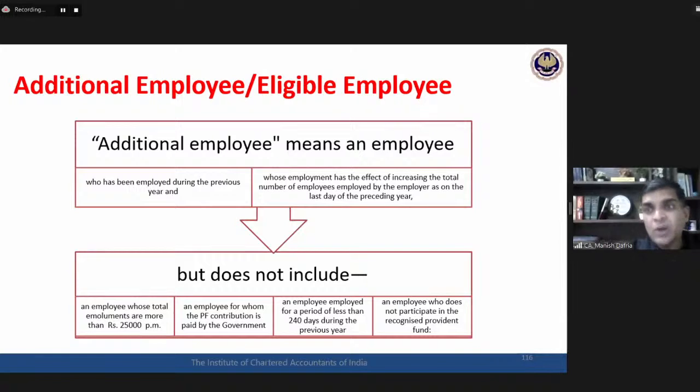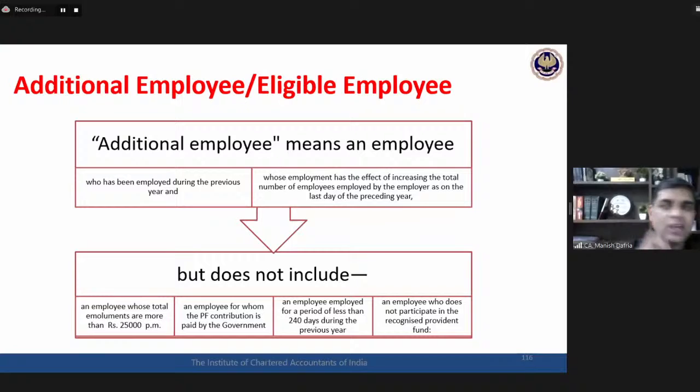If he does not contribute to the provident fund, or his PF contribution is paid by the government, then also he is not an eligible employee. If he has been employed for less than 240 days during the previous year, then also he is not an eligible employee. So all these conditions are required to be kept in mind in order to decide who all are my eligible employees, what the section is calling additional employees.